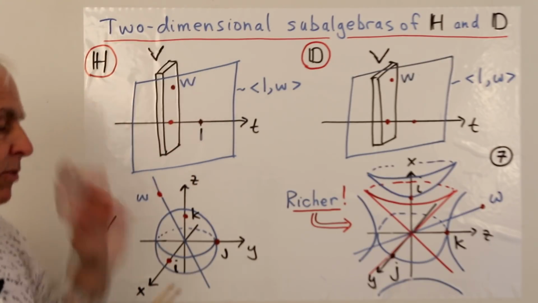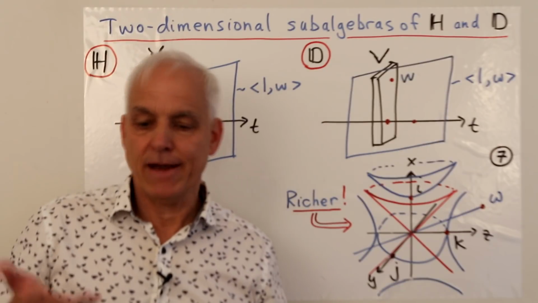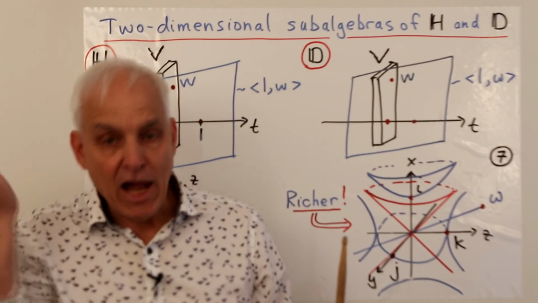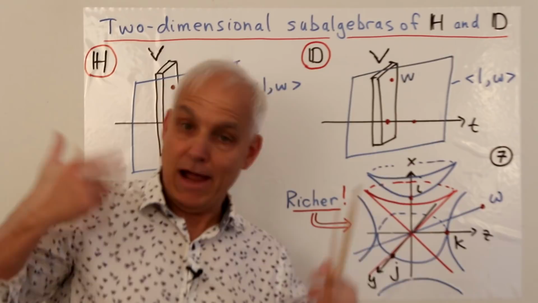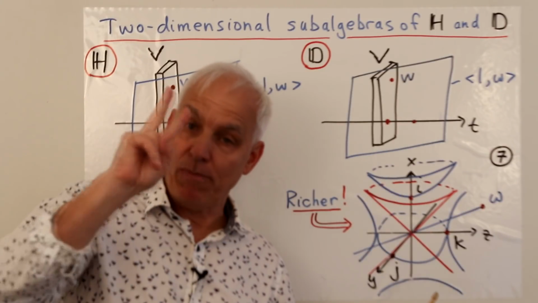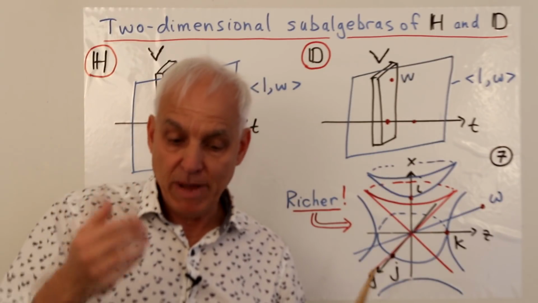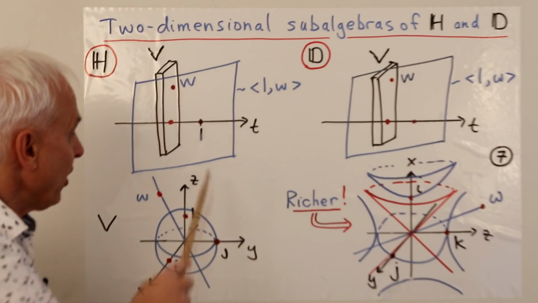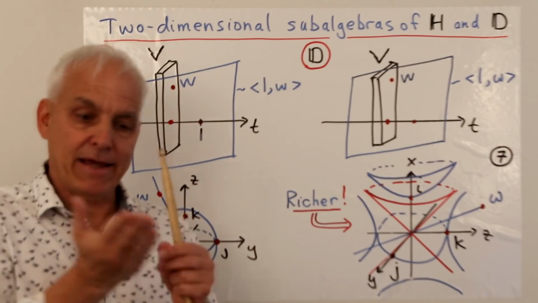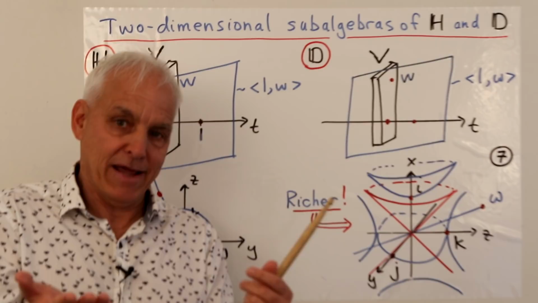Now, what are we doing when we're looking at these complex numbers? What we're doing is we're slicing these four-dimensional algebras with two-dimensional planes. And the two-dimensional planes are very special. They all contain the identity element because we want to have an identity element.